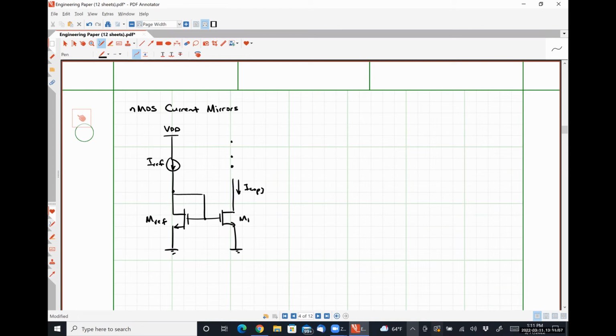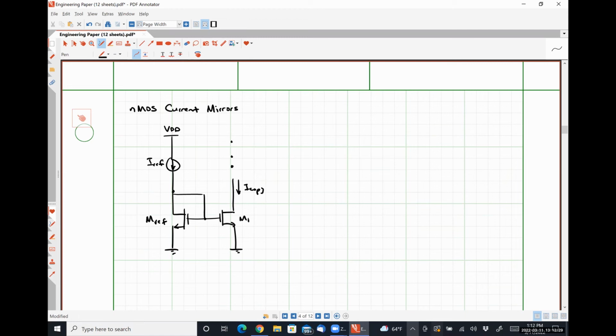MREF and M1 have the exact same gate source voltage, so ostensibly they should be carrying the exact same amount of drain current, except when channel length modulation is considered. The reason why this becomes an issue is because this feedback path right here forces VDS of MREF to be exactly equal to VGS of MREF.